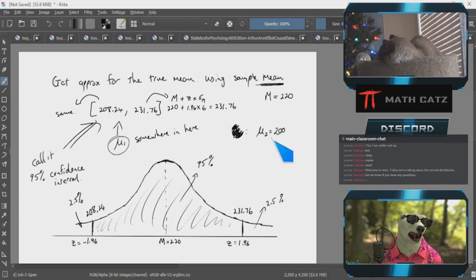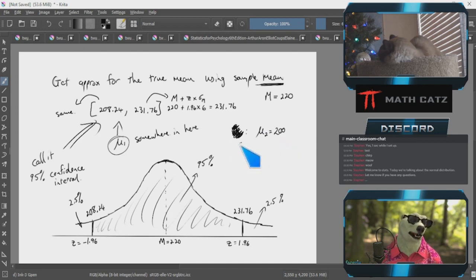If we look at the mean of 200, that does not fall in this interval. The mean of 200 sits outside of that. That suggests that they are significantly different. In fact, the mu1, the population 1 mean, the evidence suggests that it is greater than the 200 of population 2.